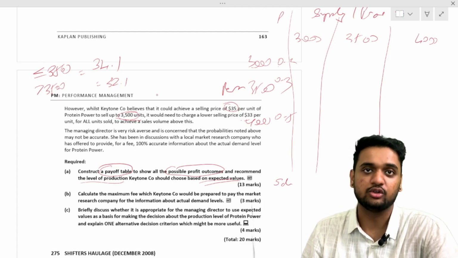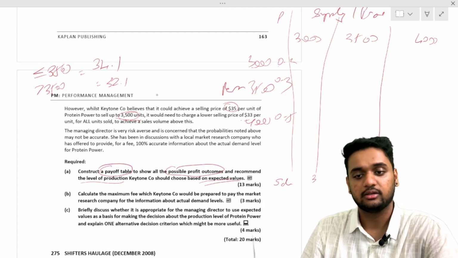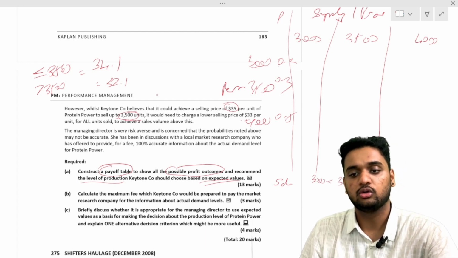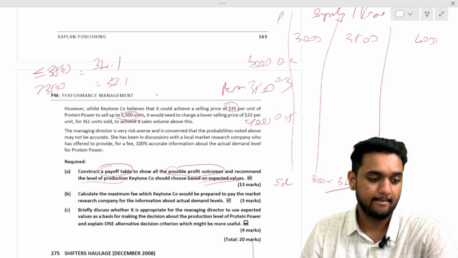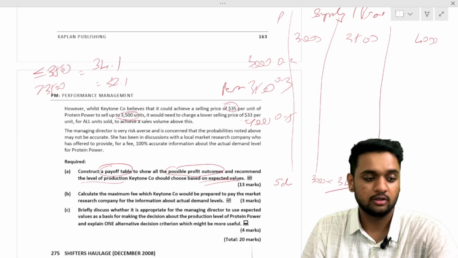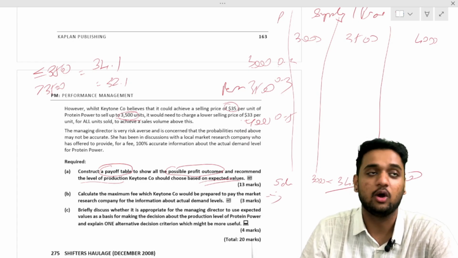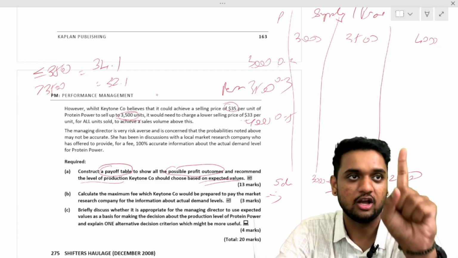Okay. Now, if we produce and sell 3,000 units, what sales will we get? 3,000 into 34.1, that is 1,02,300. Minus the two costs we have: variable cost and fixed cost.